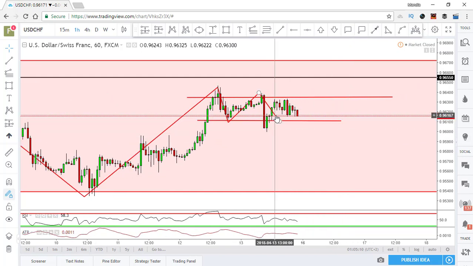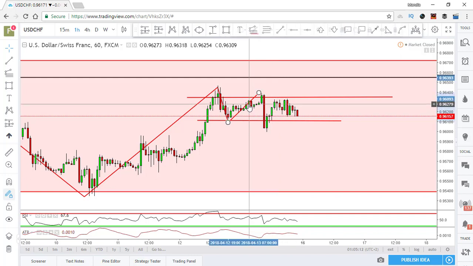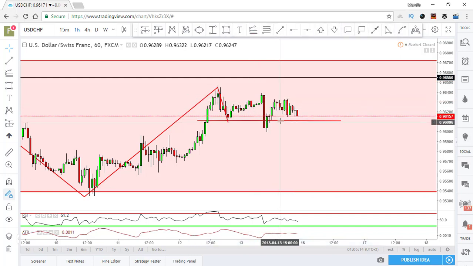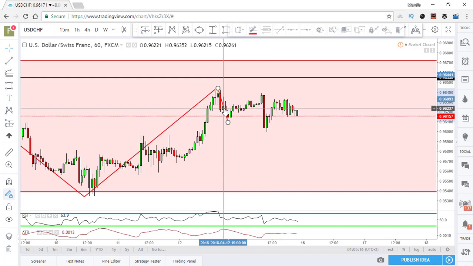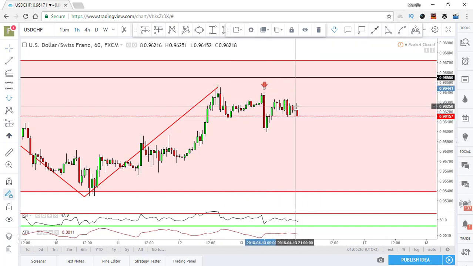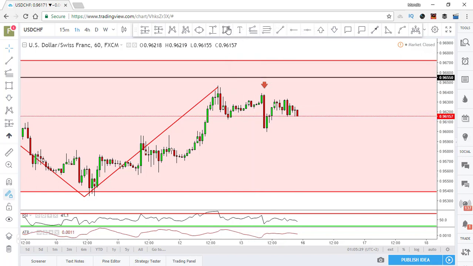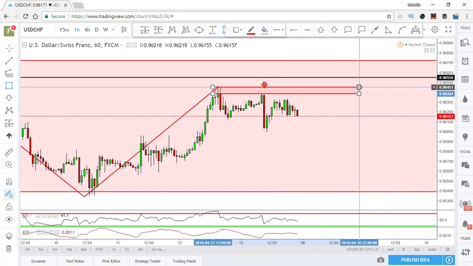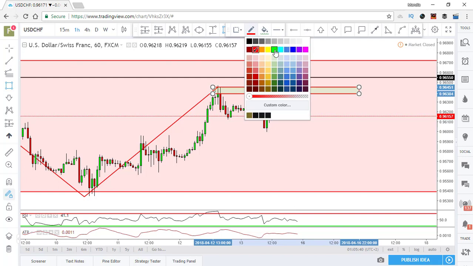As we take a closer look right here, you would notice this large big candle right here, which is at these highs right here. Let me change the color, make it green.